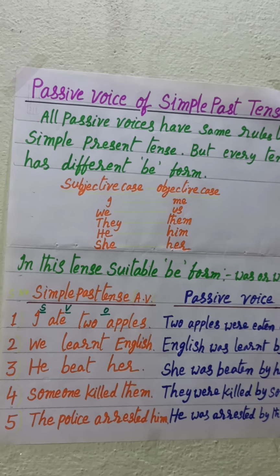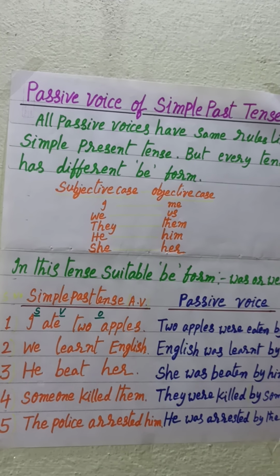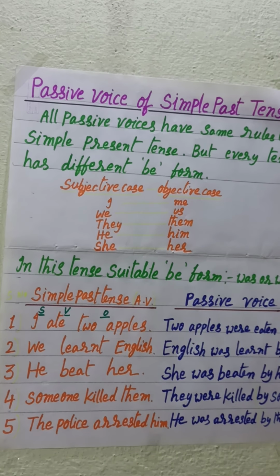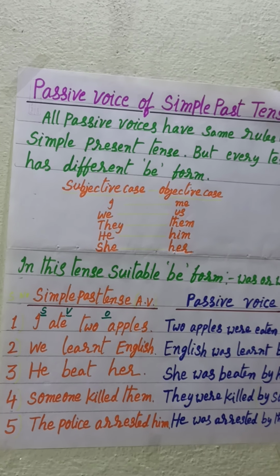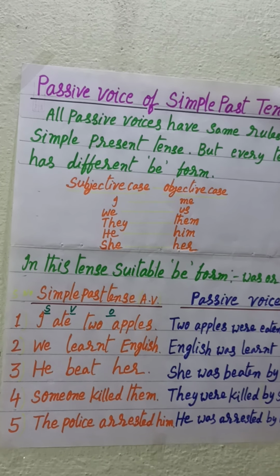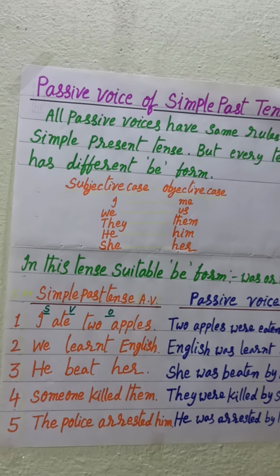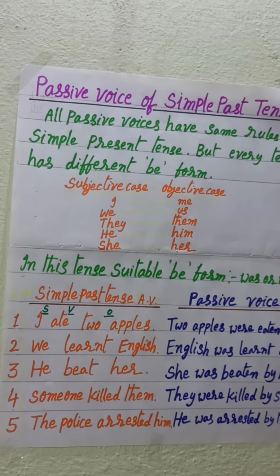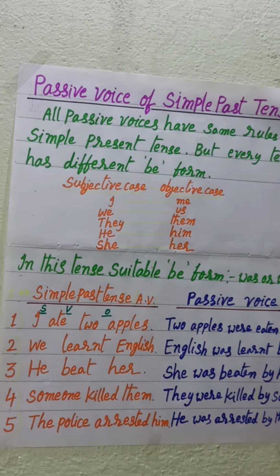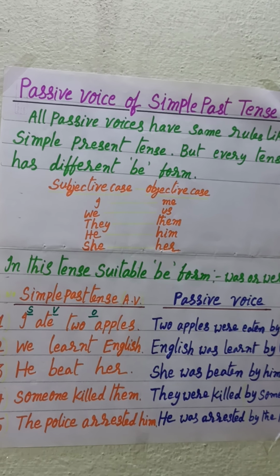We know that subject changes to object, object changes to subject. Now, serial number 1 sentence, subjective is I, that is subject case, that changes in the objective case in passive voice to me.